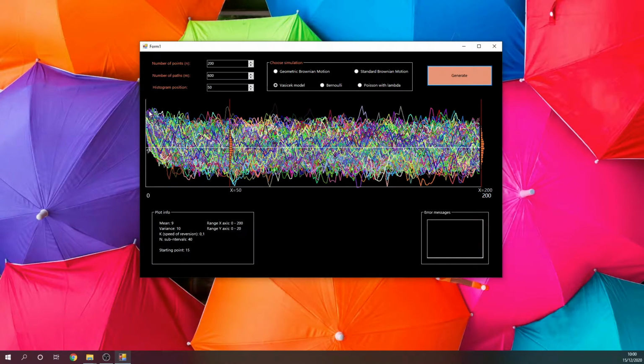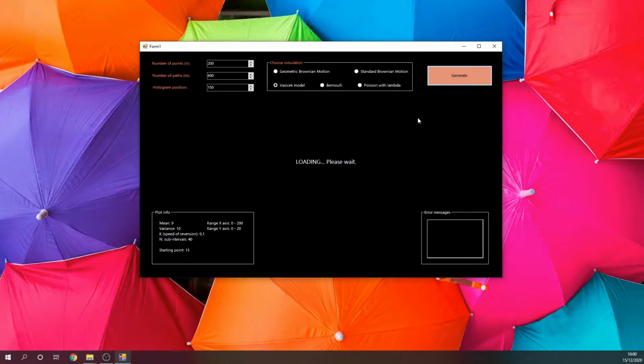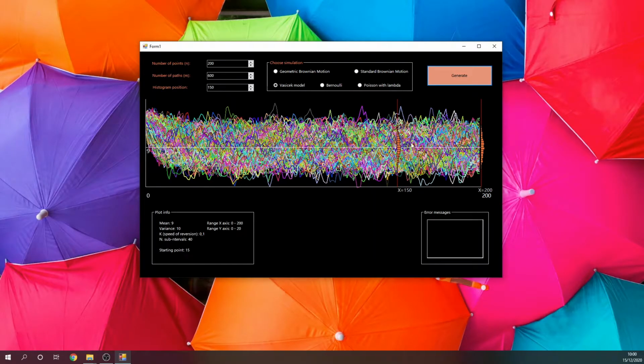They all start from the starting point that is 15, and then they stabilize into 9 that I set here. So we can see that if we increase in time, it remains stabilized in mean.